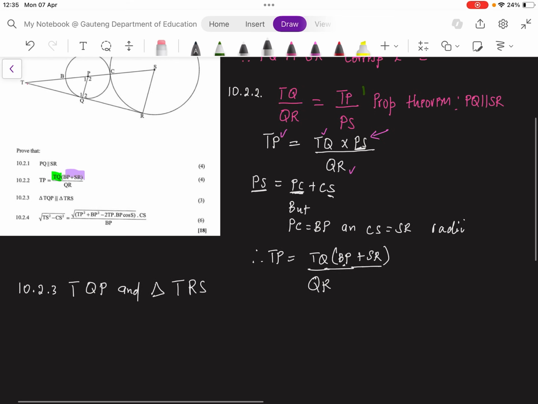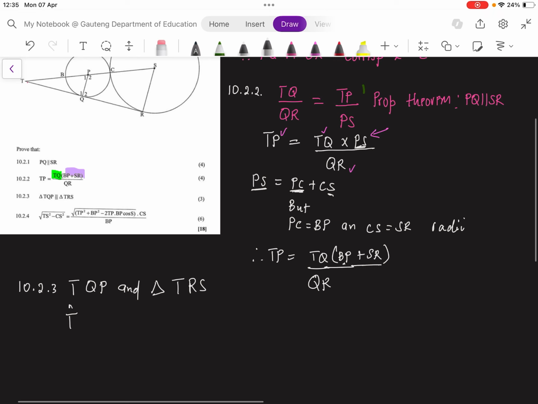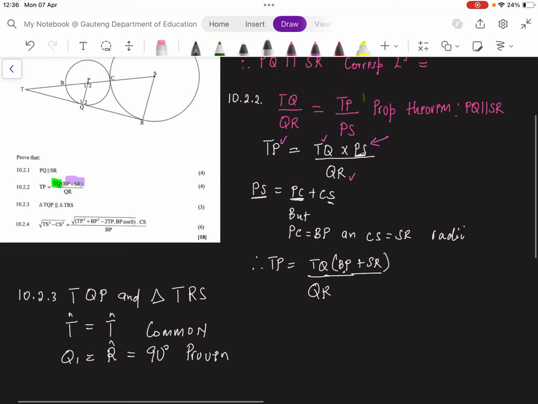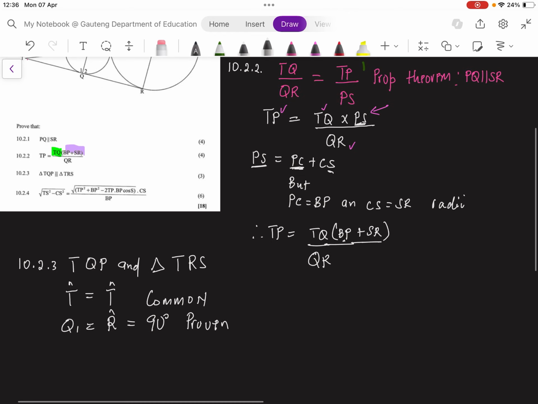So we can see that angle T is common. Angle T is equal to angle T. This one is a common angle. We can see that angle Q1 is equal to angle R. They are both equal to 90 degrees. This one is proven. From the first question, we proved that Q1 is 90. Even angle TRS is also 90 degrees.